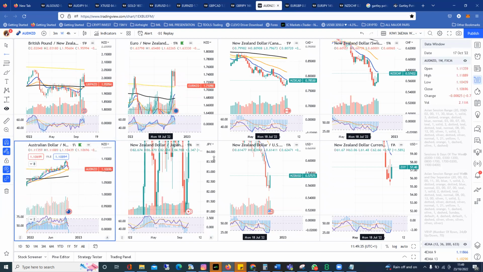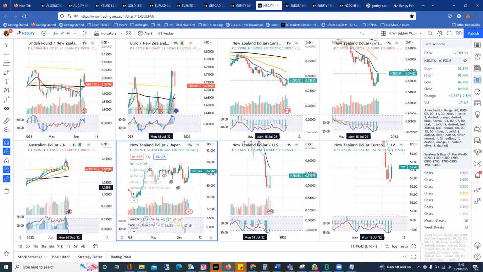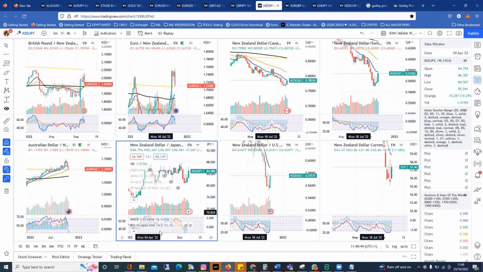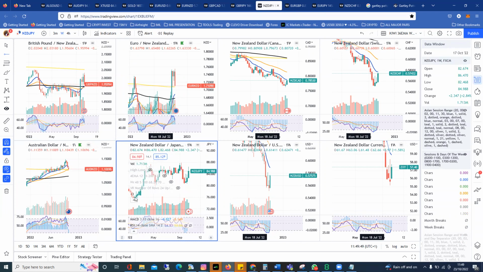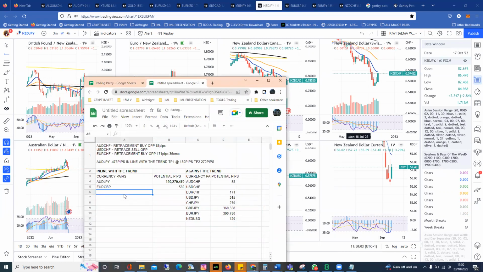So Aussie New Zealand is something that I'm looking for a retracement back up in line with the trend. But I have to see that rejection on weekly first of all, which I haven't seen. So New Zealand dollar and Aussie New Zealand are the pairs. Aussie New Zealand is in line with the trend, waiting for it to mature.